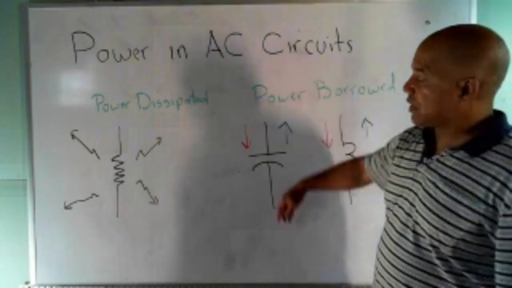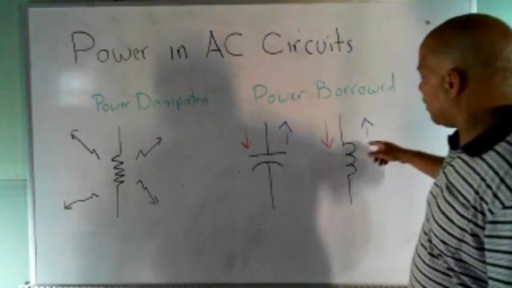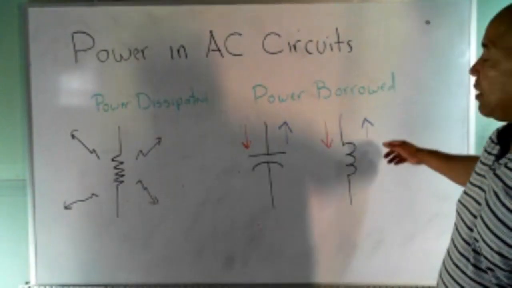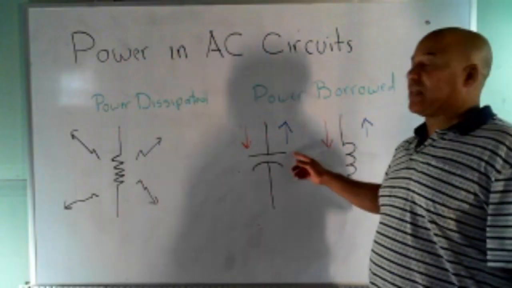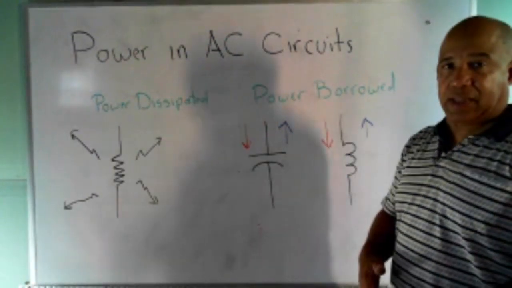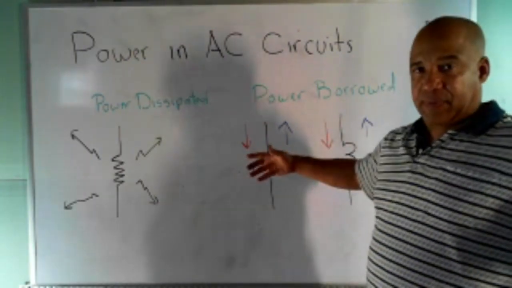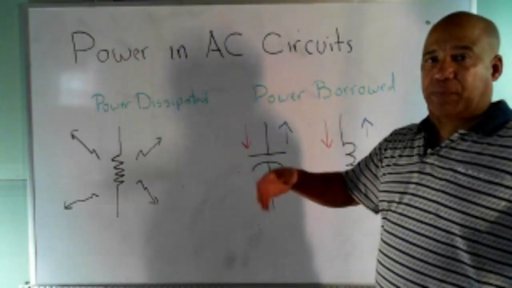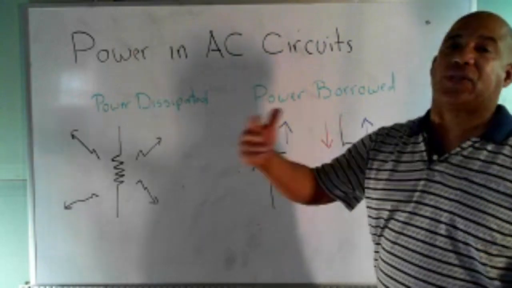So energy flows into the capacitor, energy flows back out of the capacitor. Or energy flows into the inductor, and flows back out of the inductor. Here, the energy is actually stored in the electric field that exists between the plates of the capacitor, and when that energy transfer is complete, then all the energy flows back out of the capacitor, back to the generator.